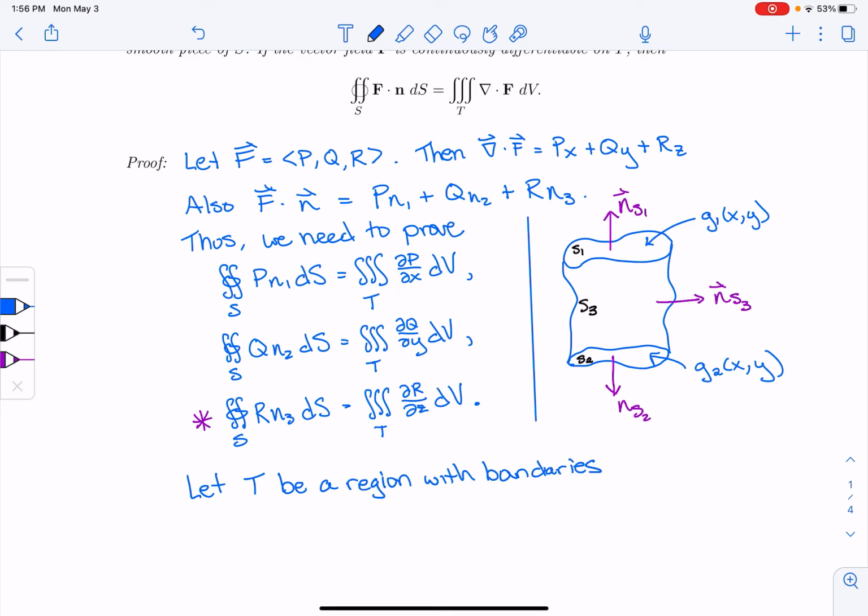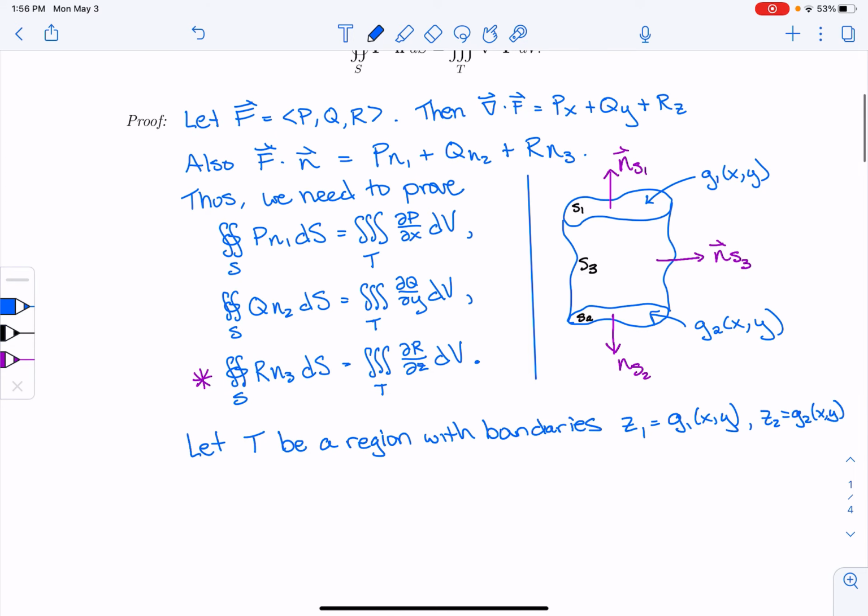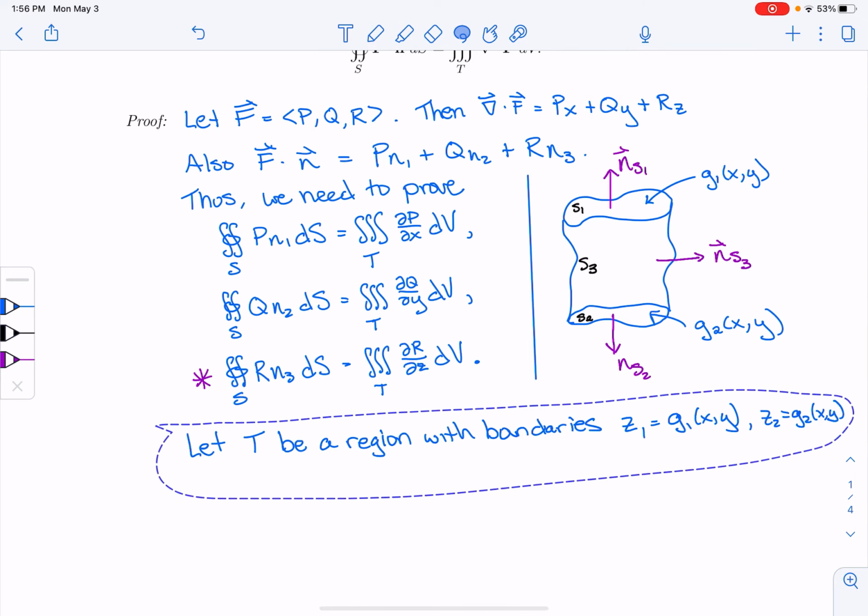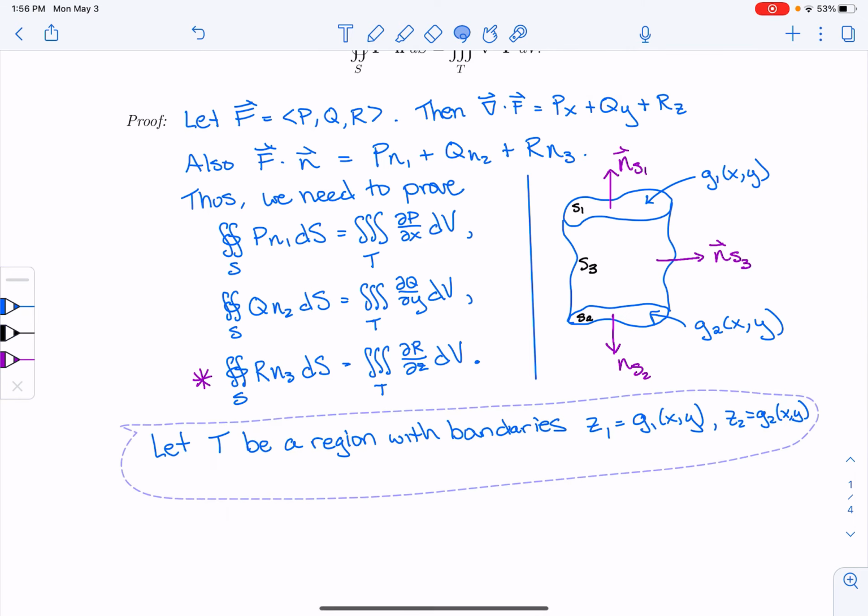Okay, so we're going to have Z1 equals G1 of xy, and then Z2 equals G2 of xy. So that's the kind of three-dimensional domain that we're going to be working within, bounded by Z1 and Z2.